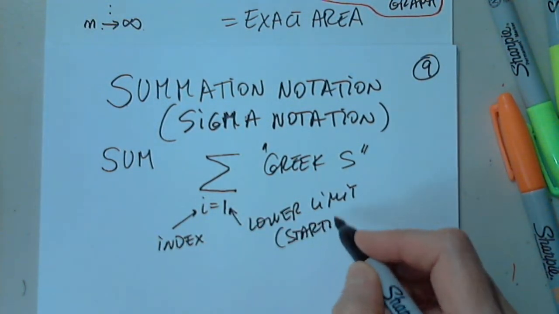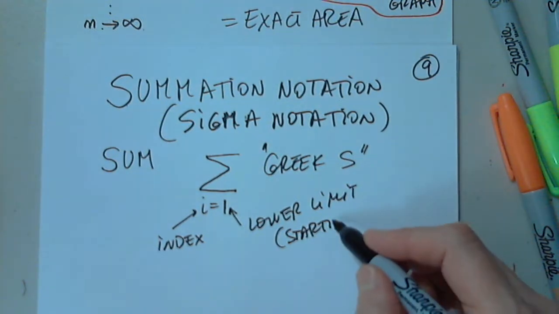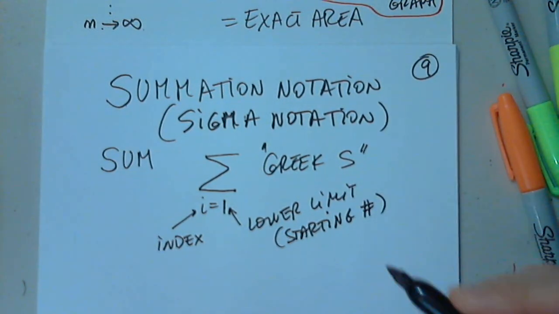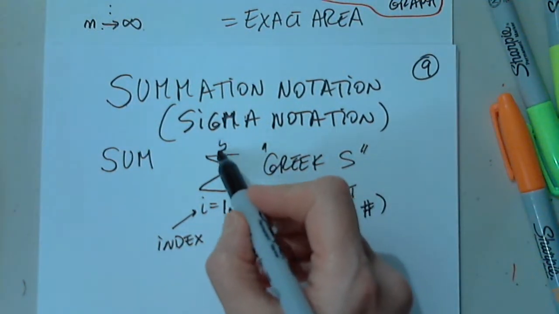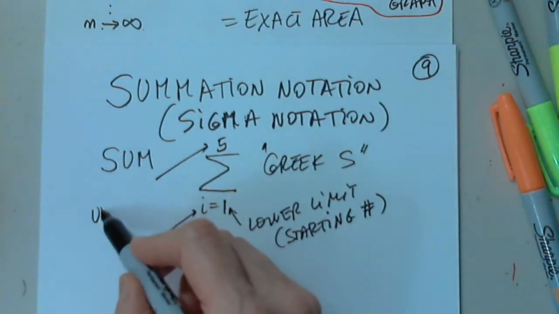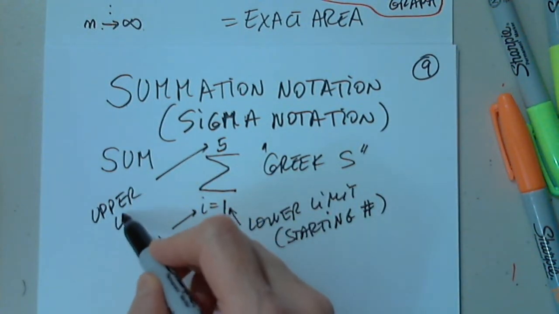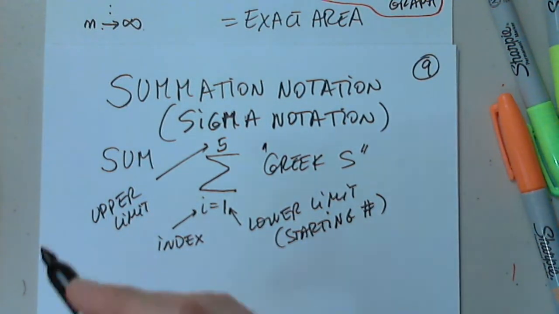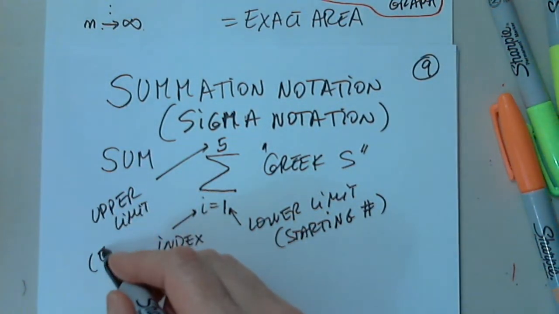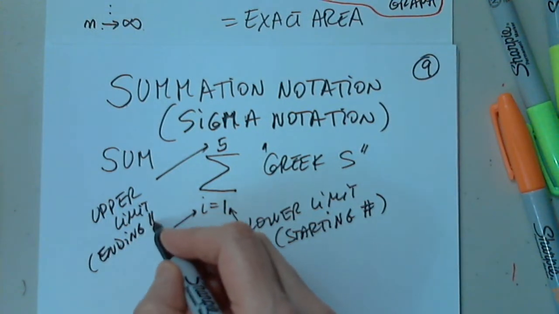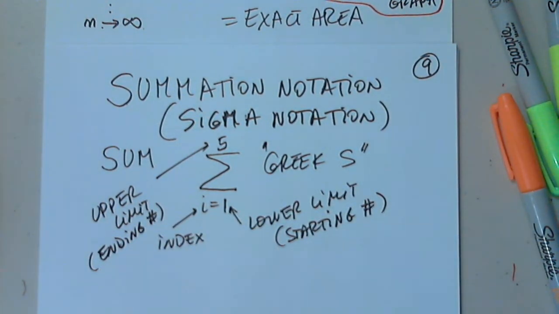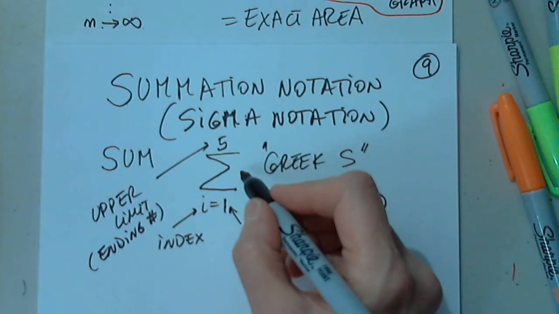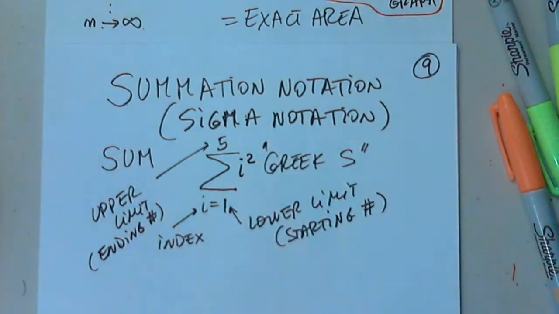Starting has nothing to do with LIM. Starting number, to 5, let's say, which is the upper limit, to be understood as the ending number, not the LIM, ending number, of, let's say, i squared.